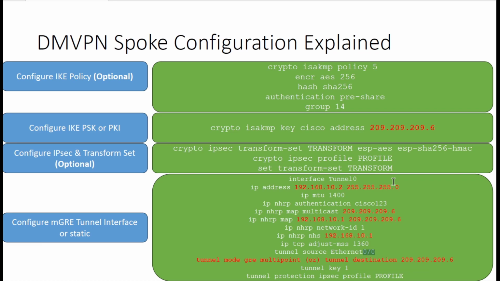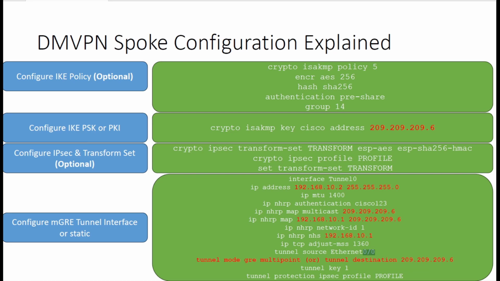So we actually have the option to configure mGRE, and that's if you want to allow for a spoke-to-spoke deployment as well, so full mesh deployment if you like, or we can actually specify the tunnel destination, which is going to point to the physical IP address of the hub if that's just a hub to spoke deployment or a partial mesh deployment.